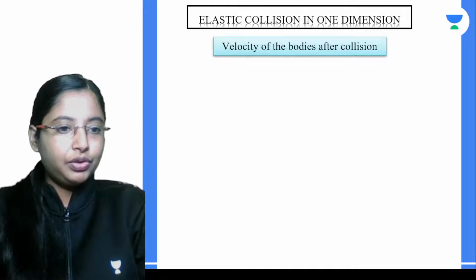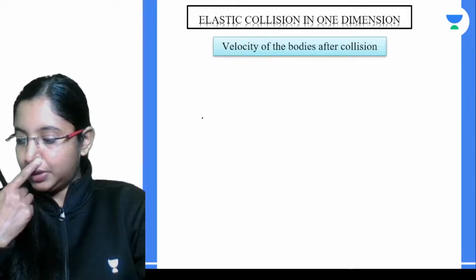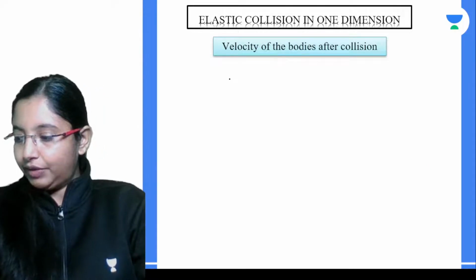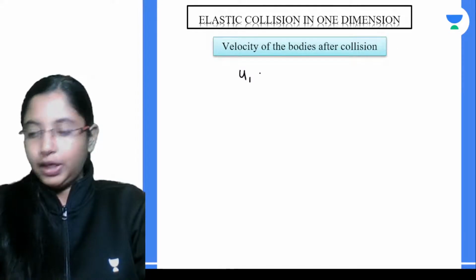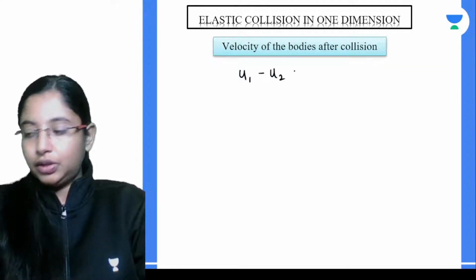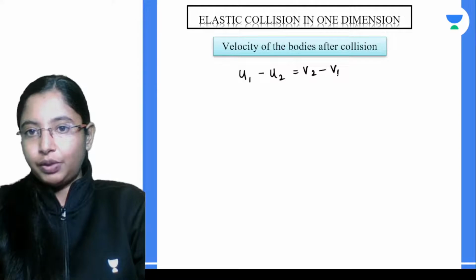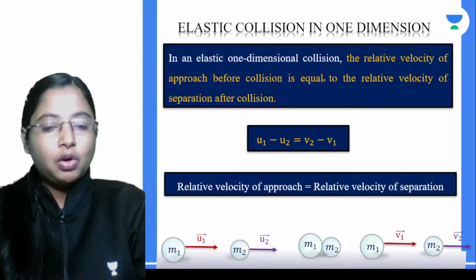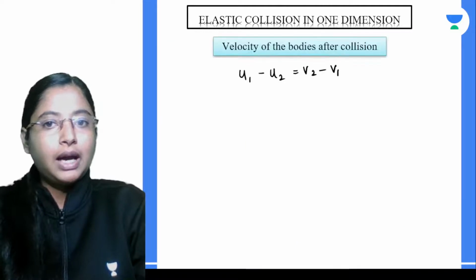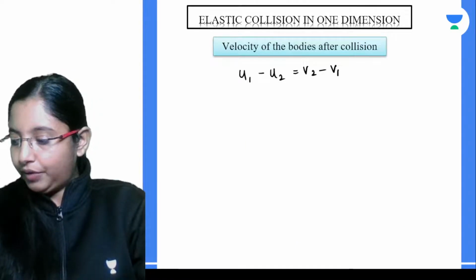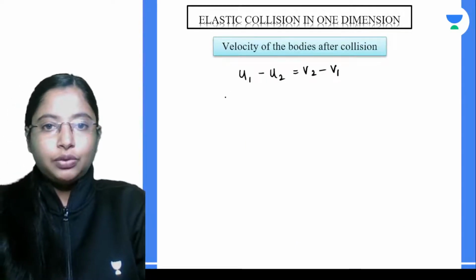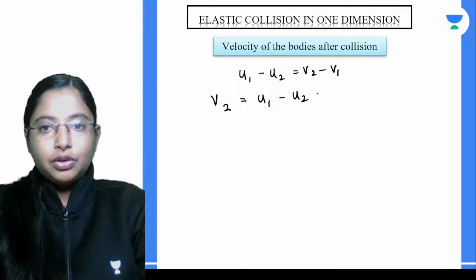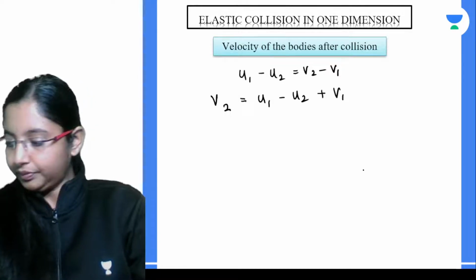We have this equation, U1 minus U2 is equal to V2 minus V1, the relative velocity before collision equals the relative velocity after collision. So let's substitute for V2: V2 is nothing but U1 minus U2 plus V1.